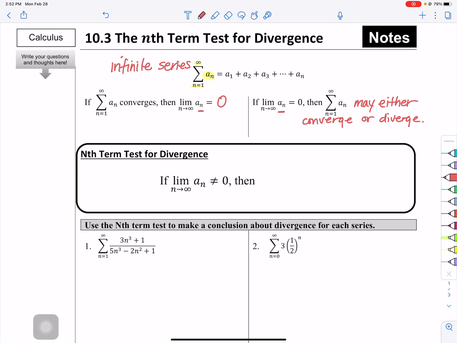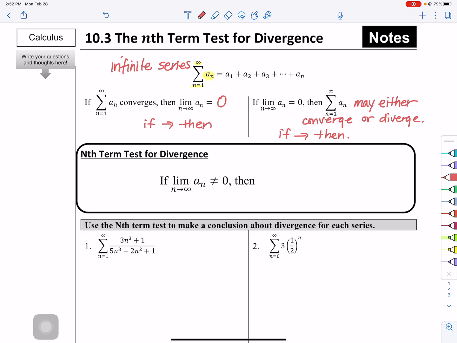And what's important to note is that this is not an if and only if. Okay? This is an if, then statement.